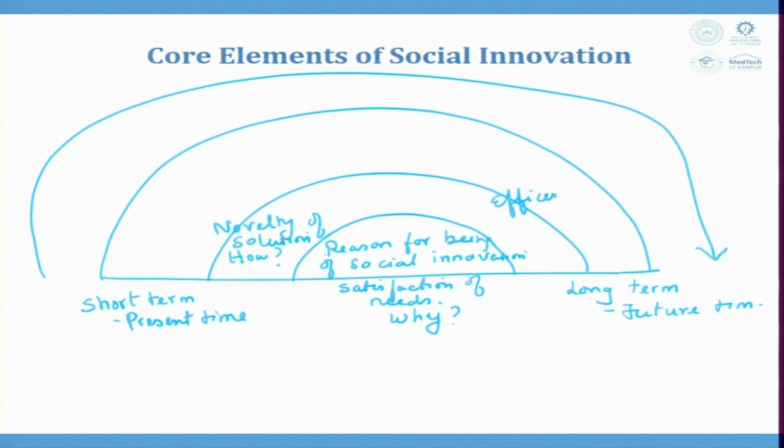Here you have efficiency and participation of society. So, here again the question of how comes into existence. So, in the first circle you had why, in the second circle you had how.